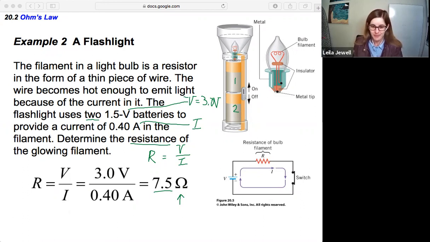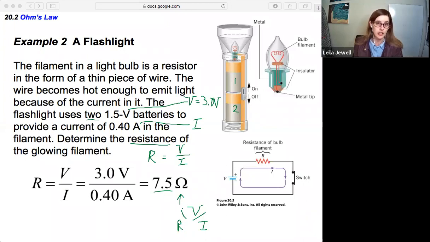One other trick that some people have found useful is that with Ohm's law, you can set up a triangle with V, R, and I, and you can put two slashes here, and this will allow you to solve for whichever one you want. If you want the resistance, because that's the one we have here, you can cover that up with your finger and solve for the resistance with the voltage divided by the current.